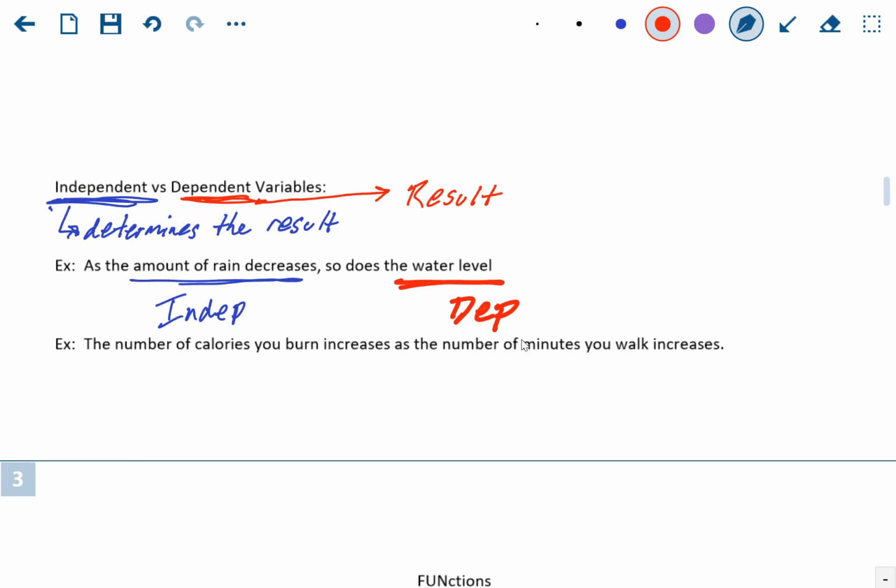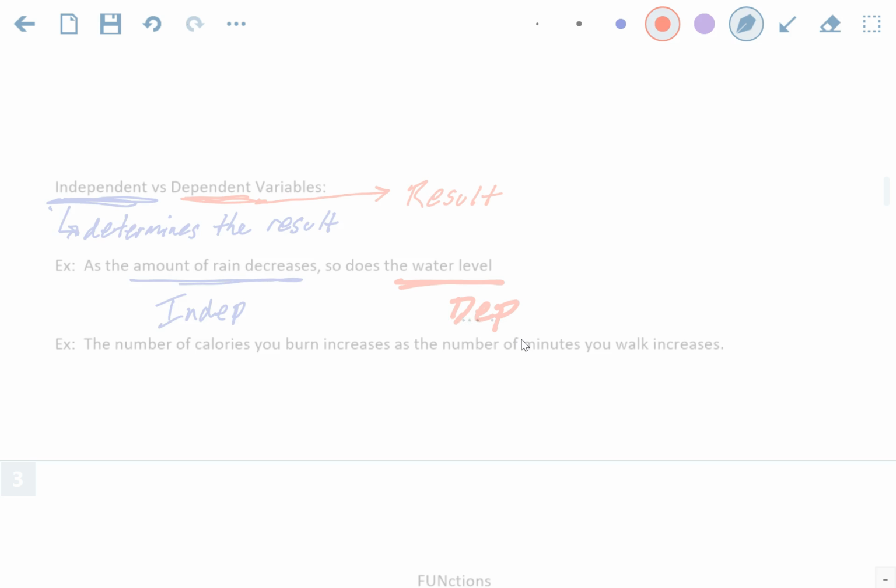So look at the second one. The number of calories you burn increases as the number of minutes you walk increase. So does the number of calories determine how many minutes you walk, or does the number of minutes you walk determine the amount of calories you burn? Again, think about it a little bit.